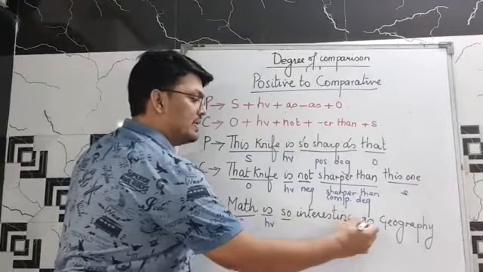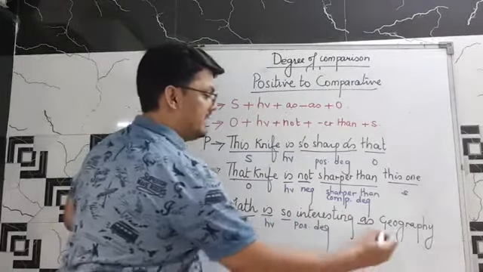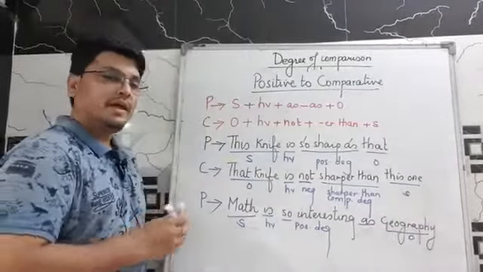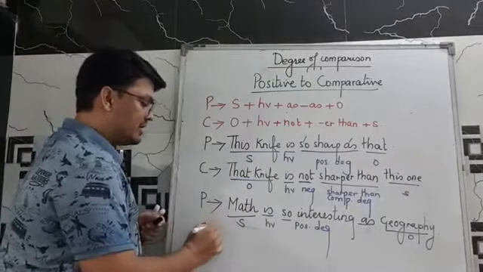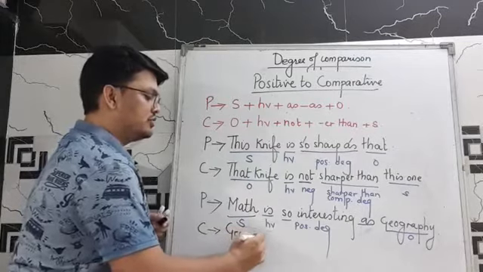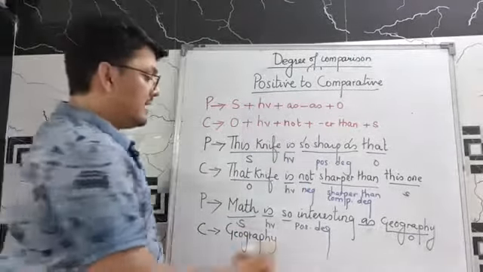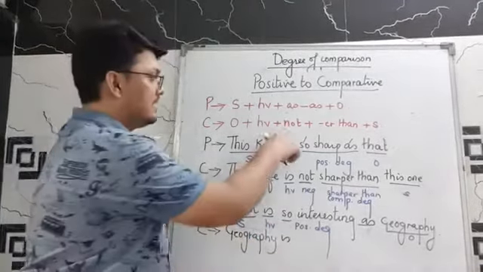So interesting as is my positive degree, and geography is your object. Okay. So we'll follow the structure. According to the structure, the object comes first here. So geography will come here. Geography, singular, is. Not.